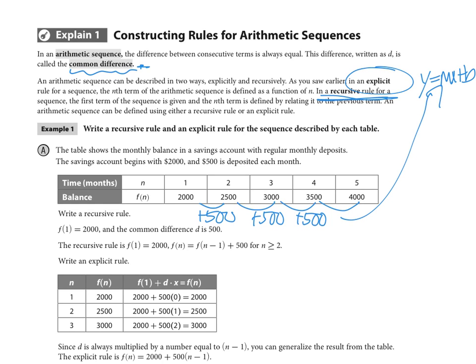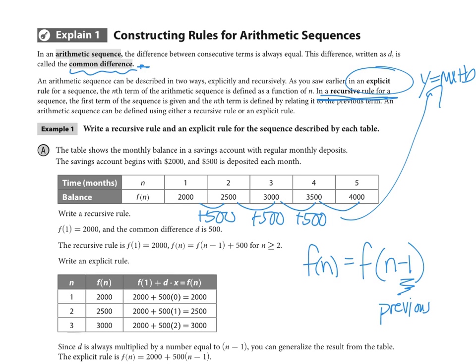To write a recursive rule, all you do is this. Remember, with recursive, what do you have on both sides of the equal sign? F of n. So it's f of n equals f of, instead of n, it's n minus 1, the previous term. That's what that minus 1 indicates.